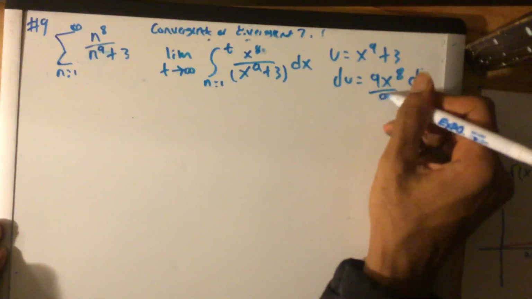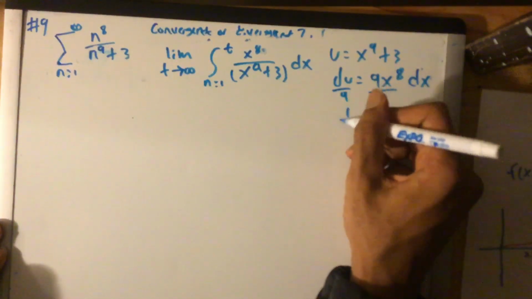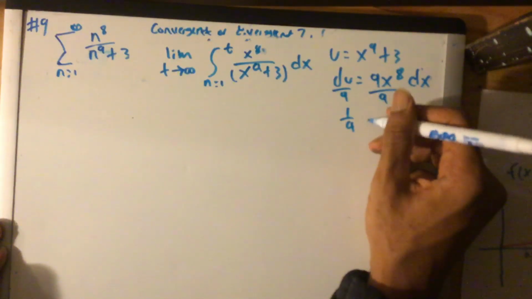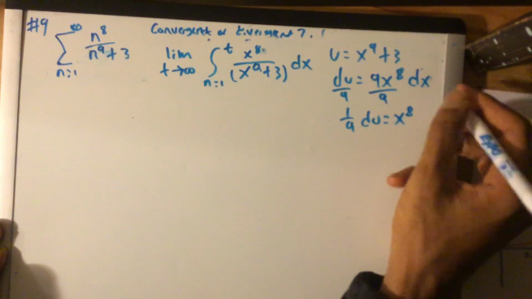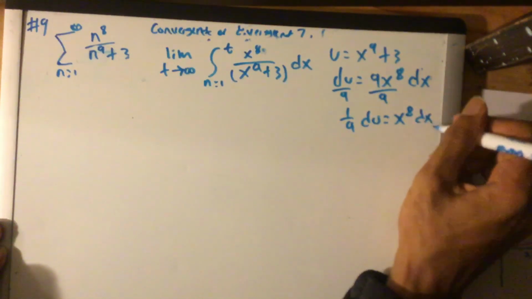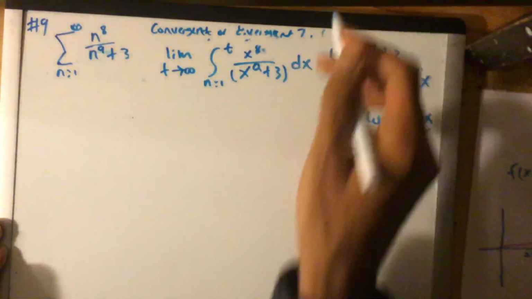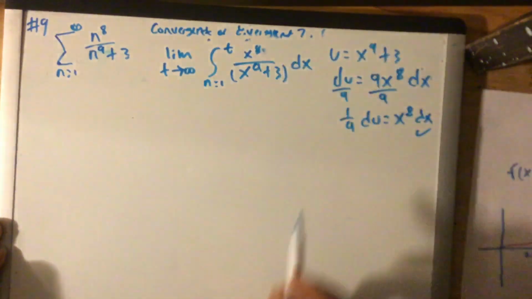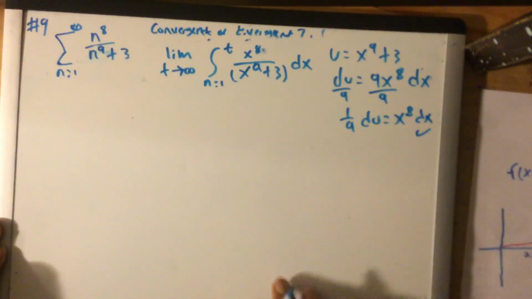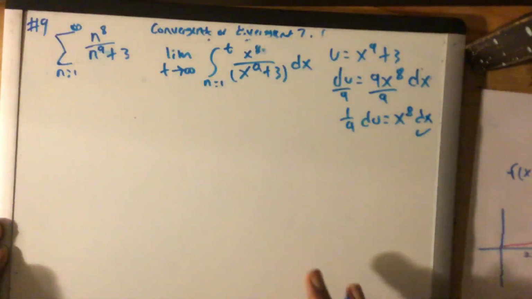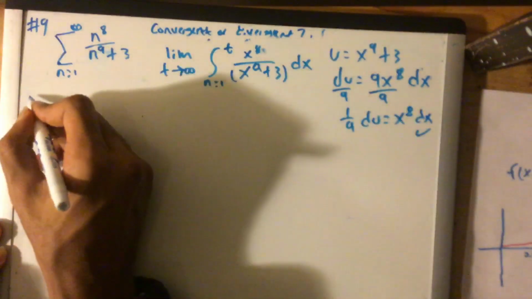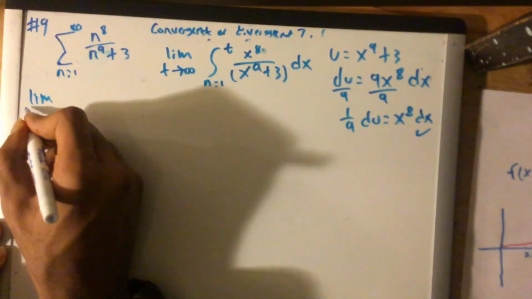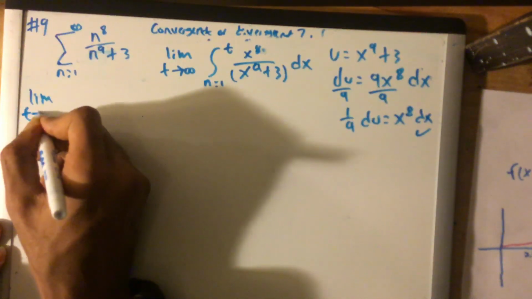So divide both sides by 9: 1 over 9 du equals x to the power of 8 dx. I put a check over here because I have my x to the power of 8 and dx right there. Now I can plug back in my u, and I'll put my limit over here as t approaches infinity.